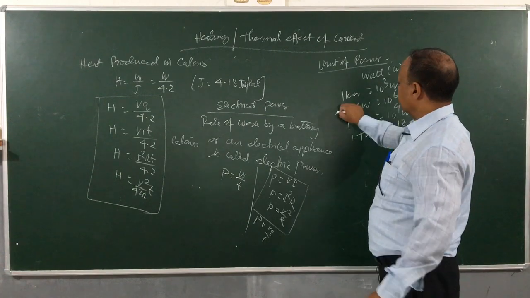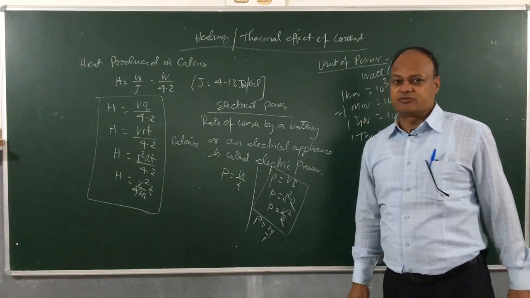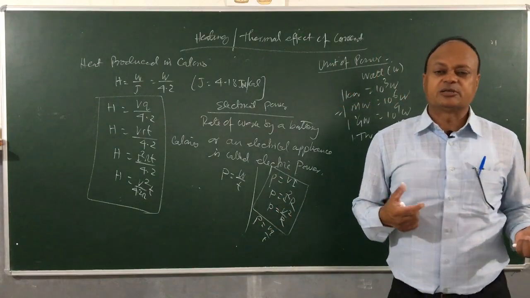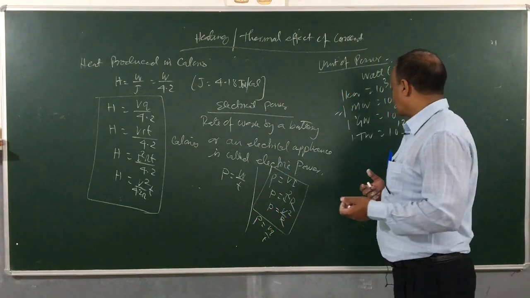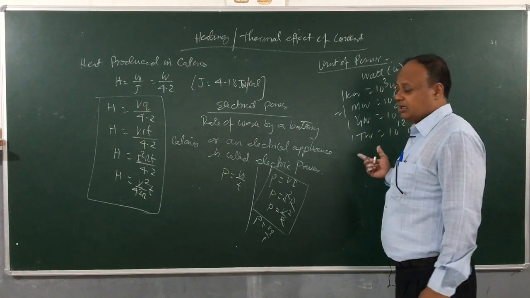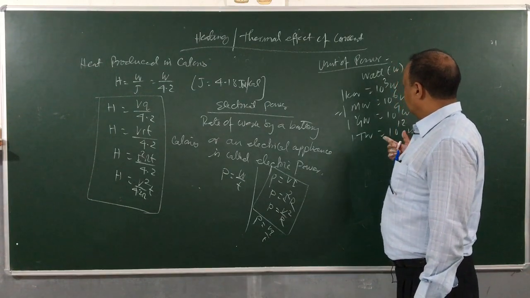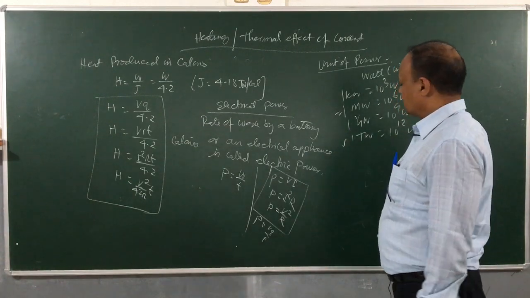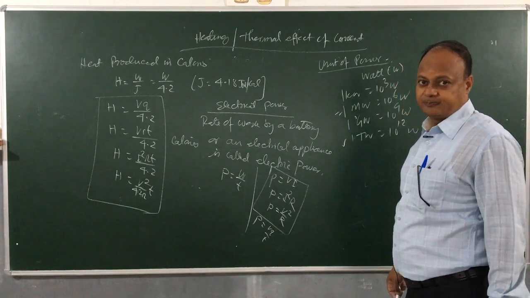Most of the powerhouses which are producing electricity on commercial scale, they are producing in terms of megawatt. Clear? Gigawatt and terawatt are extremely high units of power. Sun produces terawatts of power, for example.